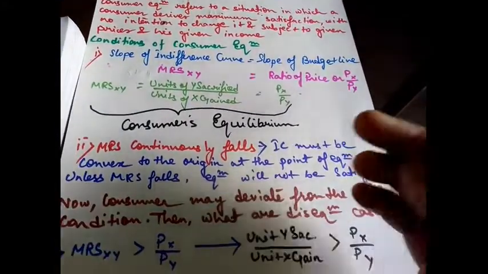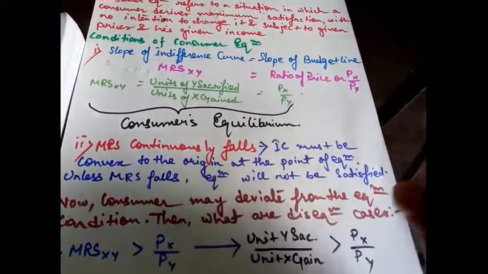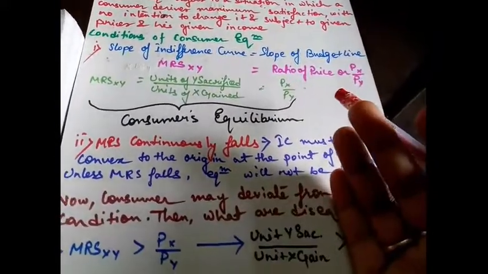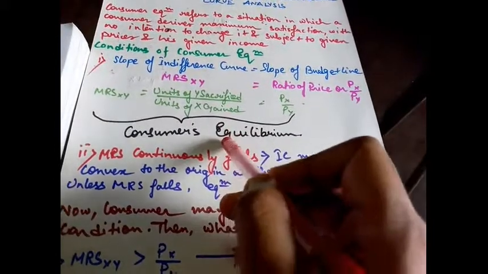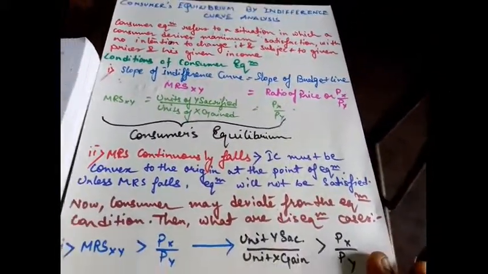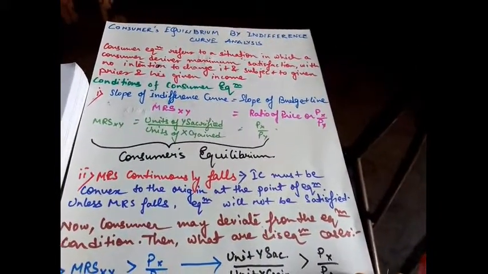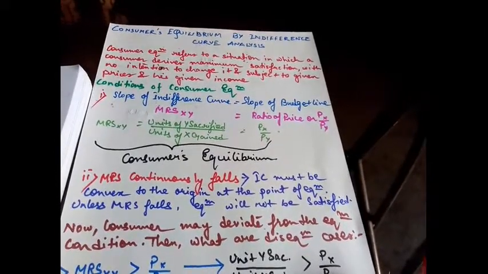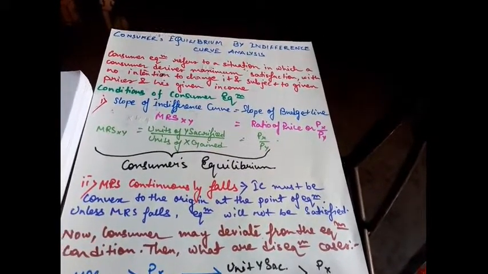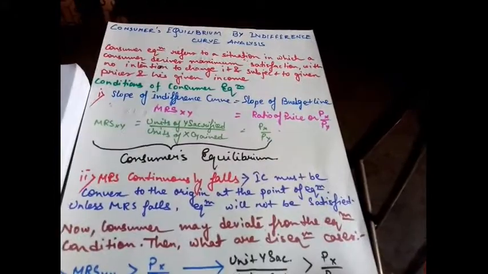Now the question may arise, always for a consumer, is it possible to stay in the equilibrium position? For example, when your parents tell you to stay at home, is it possible for you to stay 24 hours at home?